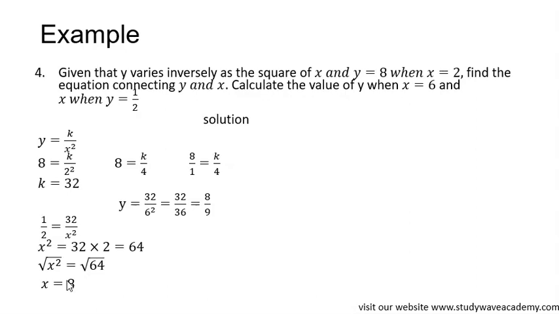Do you understand? Here we have x squared, but we are just looking for x, so we take the square root of both sides to cancel the squares. So when y is 1 over 2, x is 8.